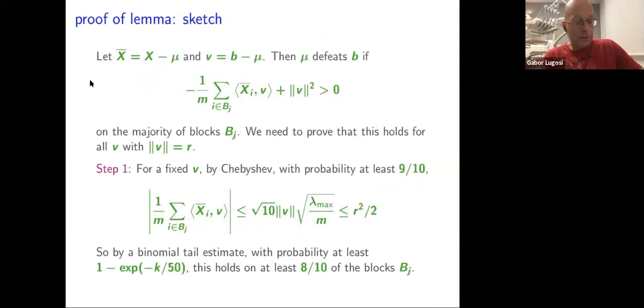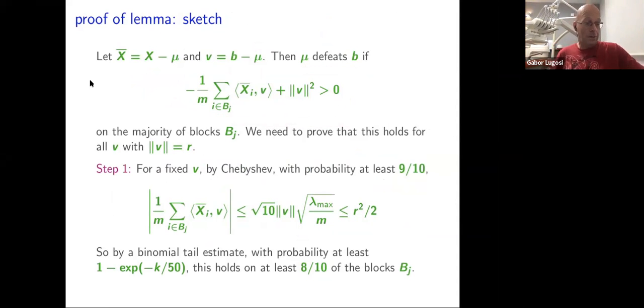Here's how the proof goes. First we start by centering. This doesn't make any difference. If you wish, we can just assume that mu equals 0. This is all translation invariant, so it doesn't matter. Now what we have to prove is that if you rewrite what that inequality means, that mu defeats b, then this is what you get.